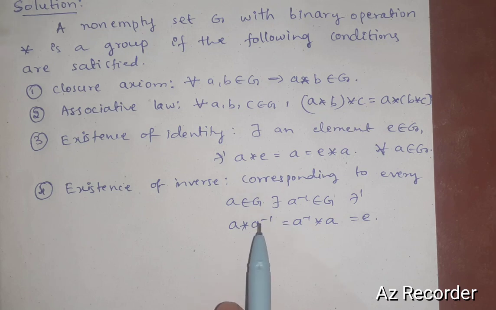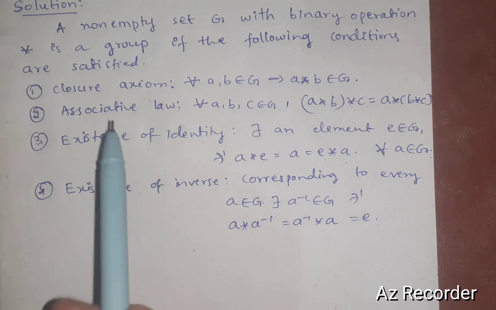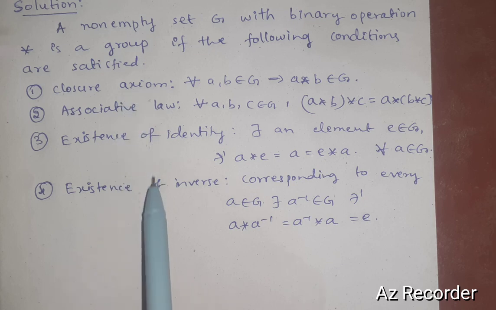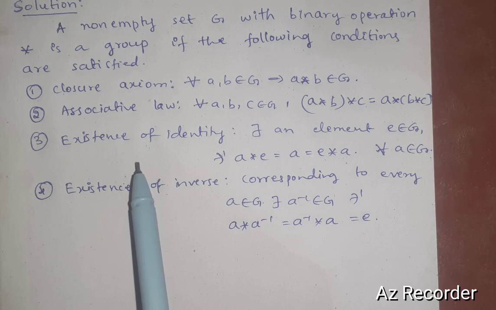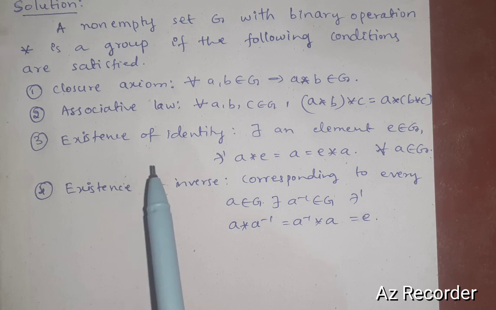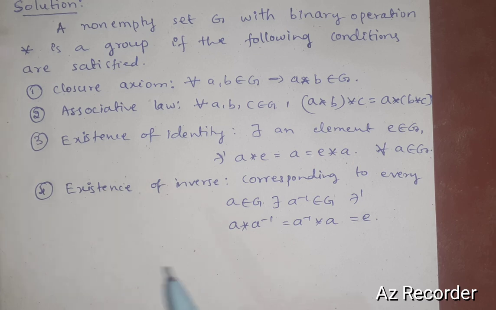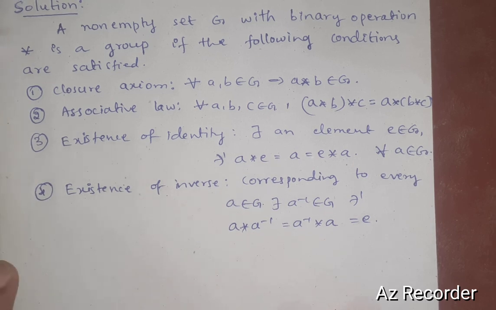Here a inverse is called the inverse of a. So if all these four conditions are satisfied by the given set, then we say that the set with the given binary operation is a group. Let us see which one is a group and which one is not a group.